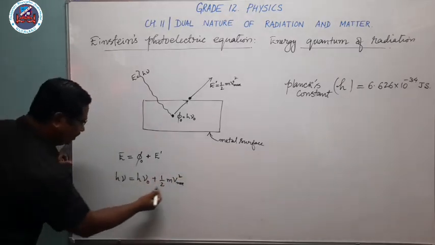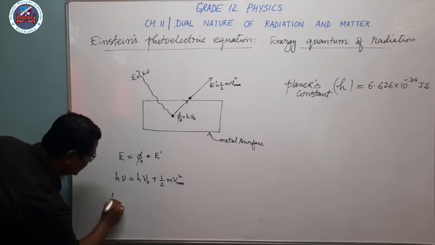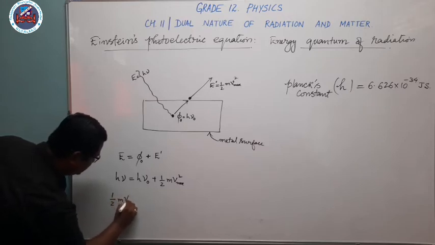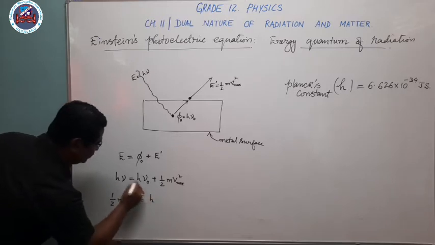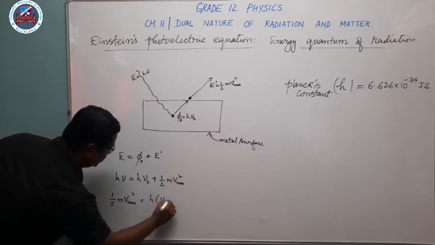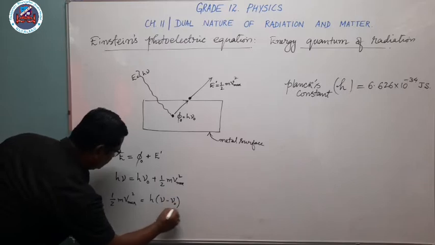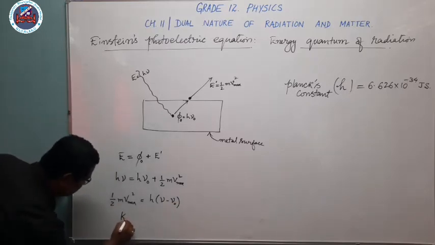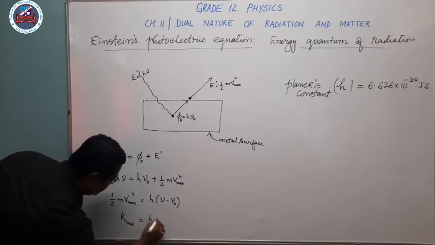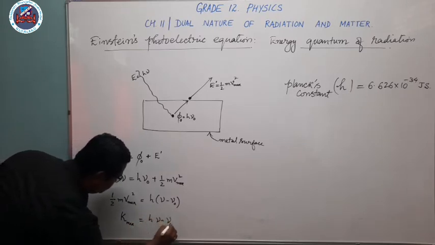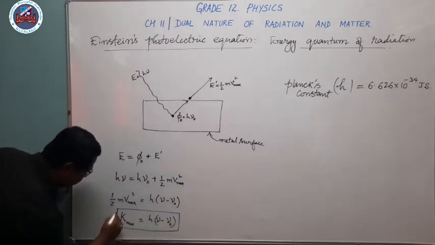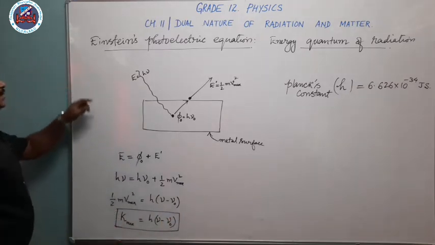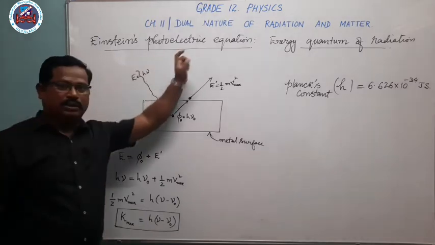If I transpose it, half m v maxima square equals h, taking common, nu minus nu naught. And this maximum kinetic energy, if I represent it as K maxima, then K maxima equals h into nu minus nu naught.